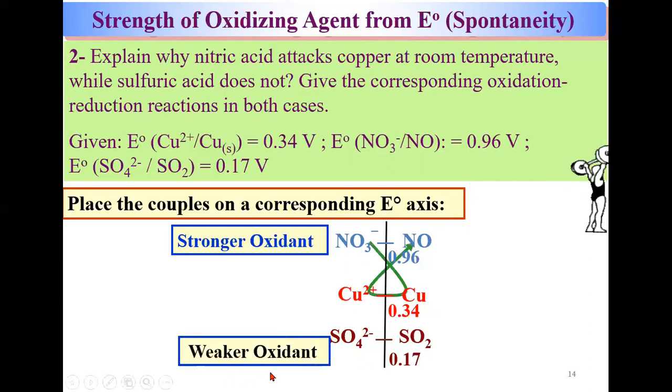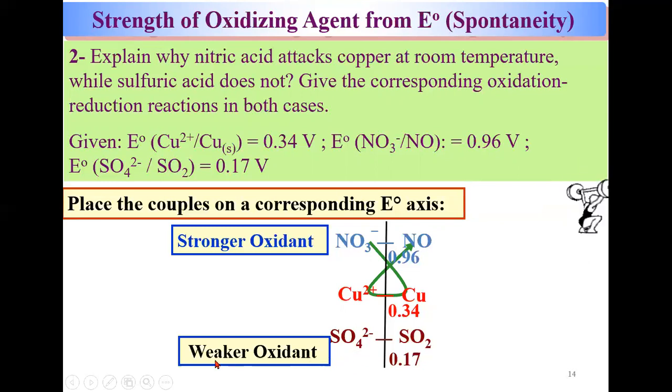The weaker oxidizing agent or oxidant is the SO4 2-, which comes from sulfuric acid, H2SO4, also a strong acid that can split and eventually give me SO4 2-, though officially it just gives HSO4- at the first stage.